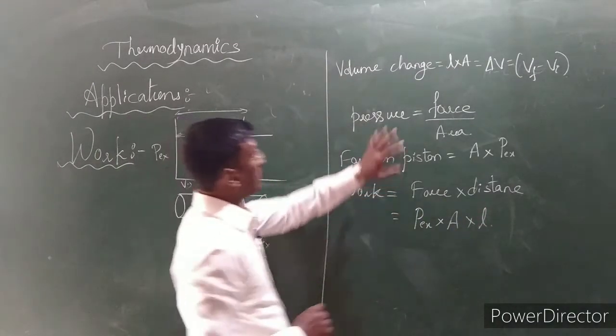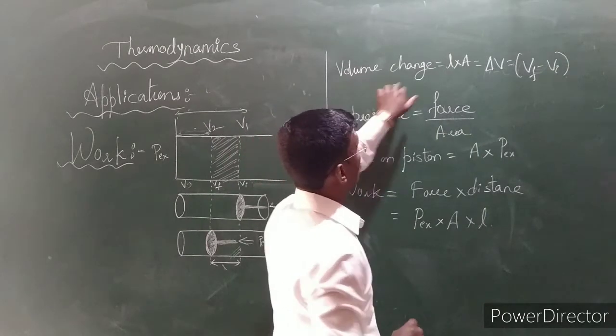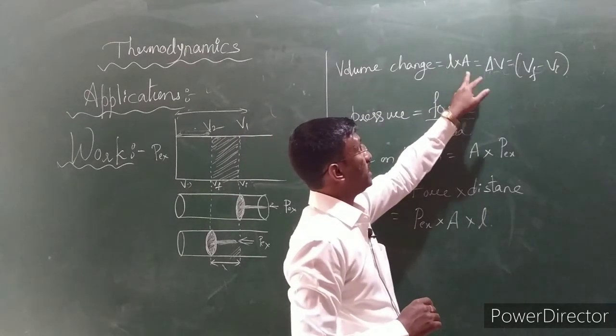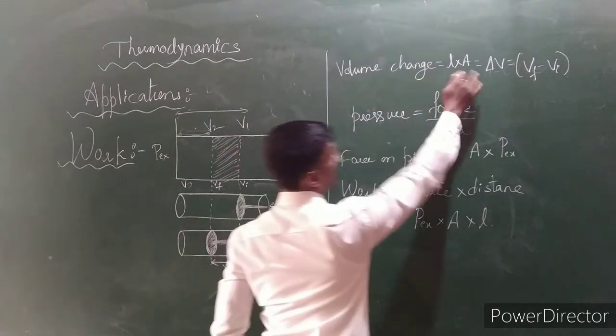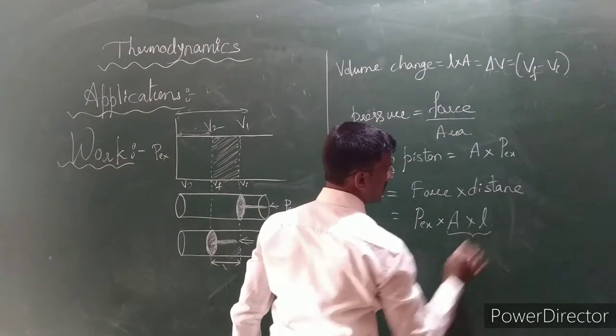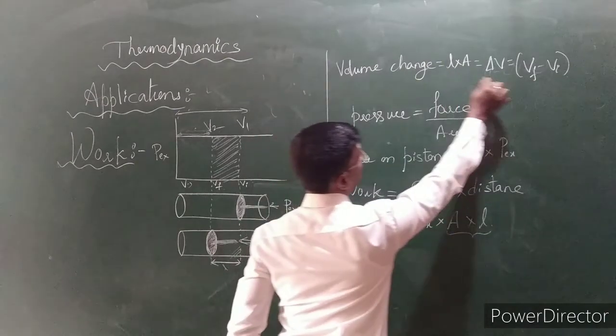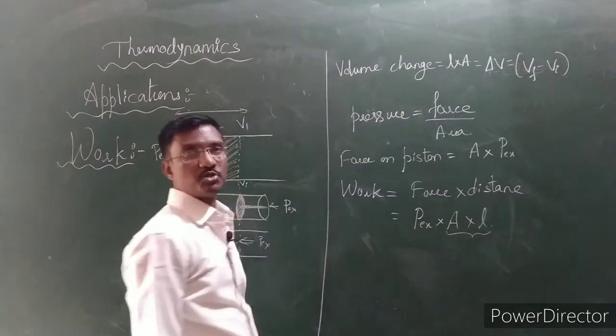Now you can understand why I have taken change in volume as L into A, because I am going to use this. A into L is nothing but the change in volume.